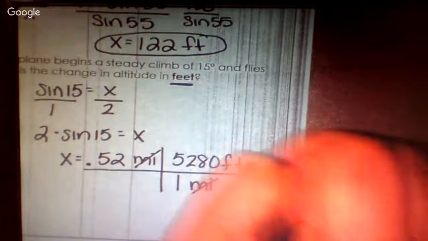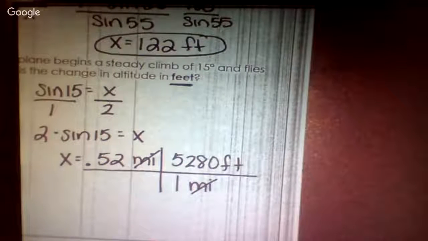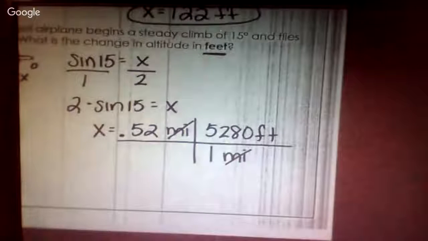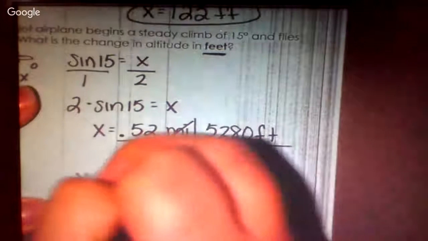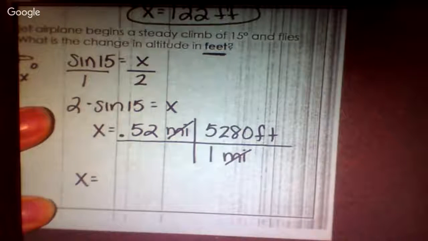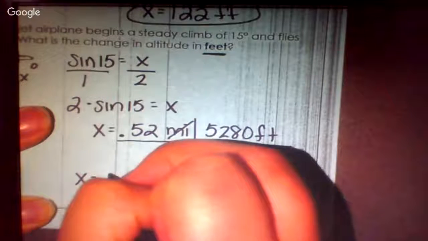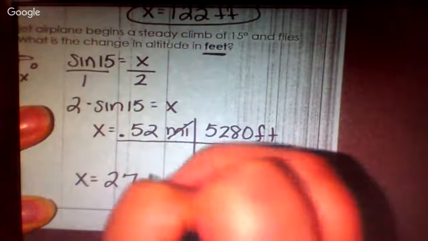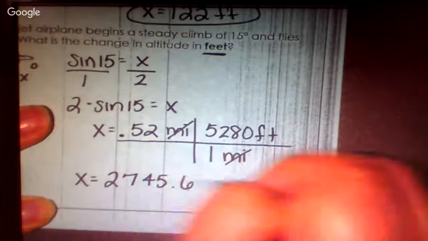We know 1 mile, which will cancel out my miles, is equal to 5,280 feet. Because both of my numbers are in the top when I convert, that means we multiply. So what's 0.52 times 5,280? Equals 2,745.6 feet.